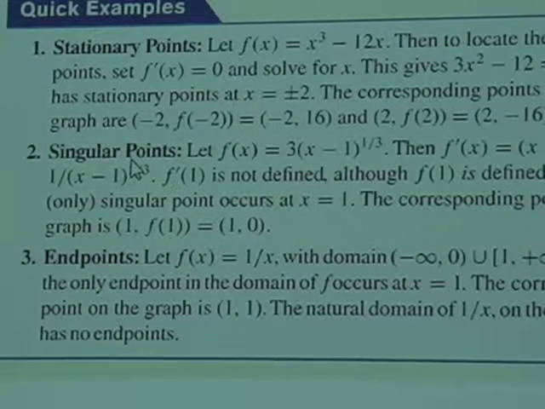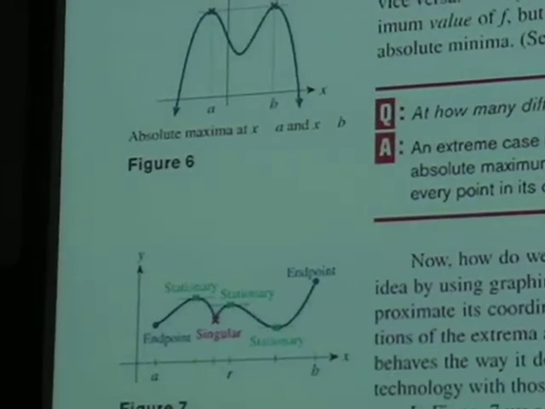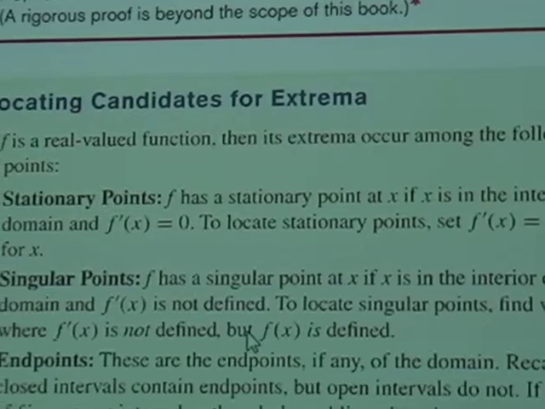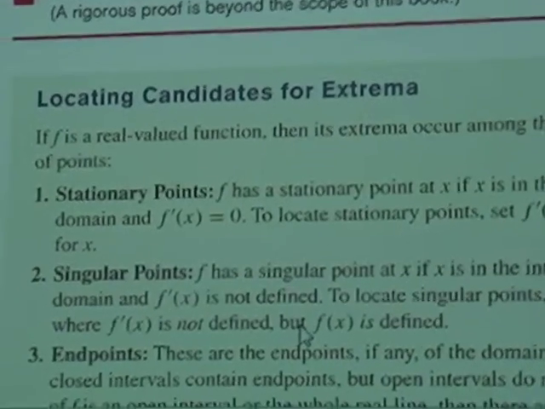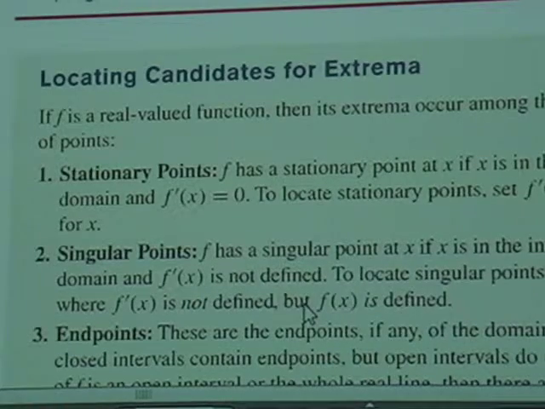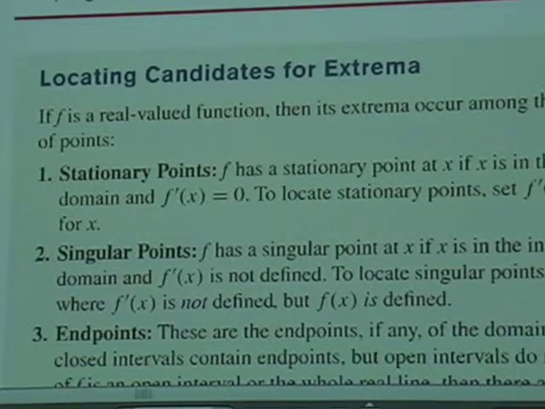A singular point. Generally it looks something like this point here. So we found a singular point. That might be a critical point, a relative minimum or a relative maximum, but they don't check that yet.